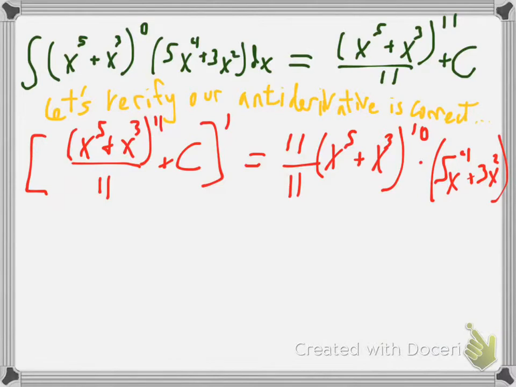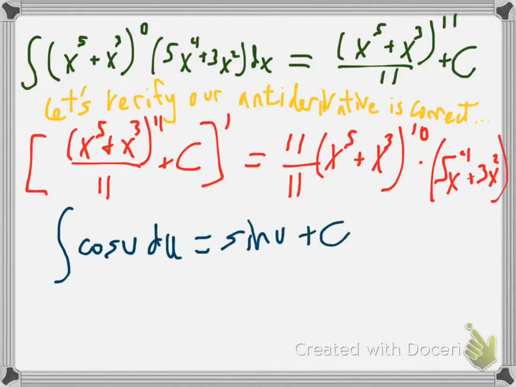But then, by the chain rule, don't forget, we have to multiply, so we're using the chain rule in the forwards direction now, the derivative of the inside goes on the outside. So the 11s are going to cancel, and we're left with exactly what the original problem was. So, in fact, this is correct. This is an antiderivative of the original problem.